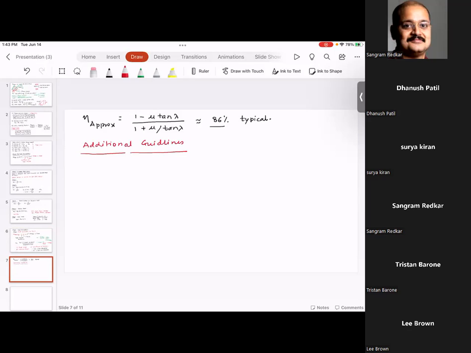These additional guidelines are like, if you have a worm wheel, that worm wheel is meshing with a worm. So this is the worm. The center distance is this. This is the center distance, x.